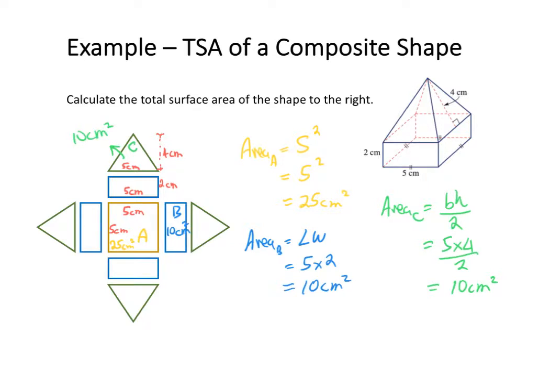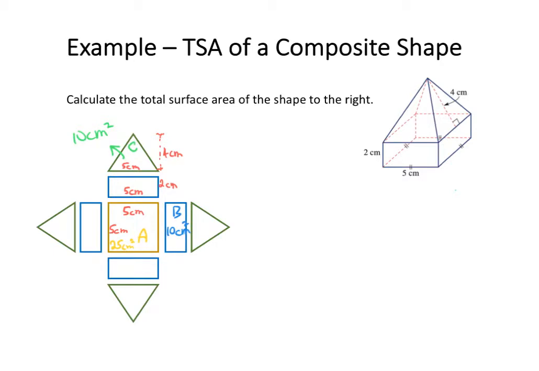So now that we have the area of each of our individual shapes, we can go ahead and calculate the total surface area of the composite shape. So to calculate the total surface area, we need to add all of our sides together. So to do that, we need to have a look at how many of each shape that we've got.